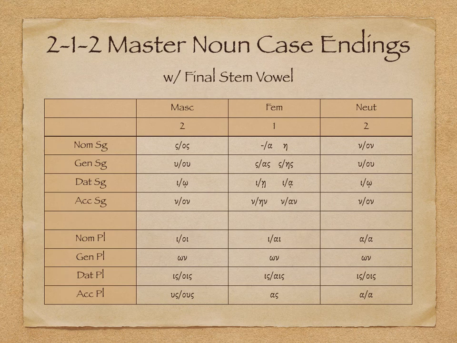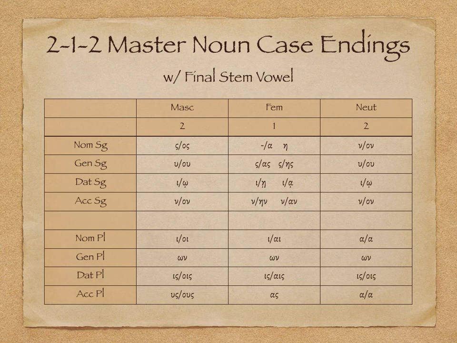On the right side, you have the final stem vowel with the ending. So that final stem vowel, omicron for masculine neuter, alpha or eta for feminine, the first and second declensions, they all have stems that end in vowels.